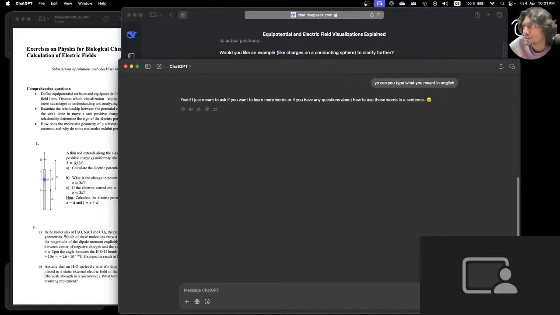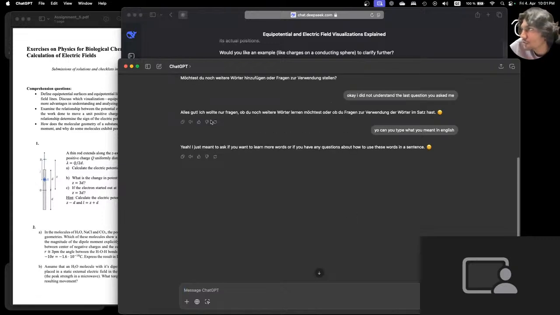Alles gut. Ich wollte nur fragen, ob du noch weitere Wörter lernen möchtest oder ob du Fragen zur Verwendung der Wörter im Satz hast. Or if you have any questions about how to use these words in a sentence.